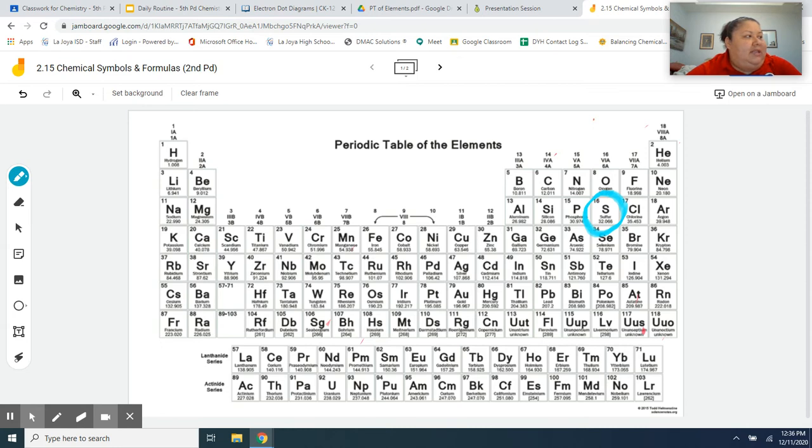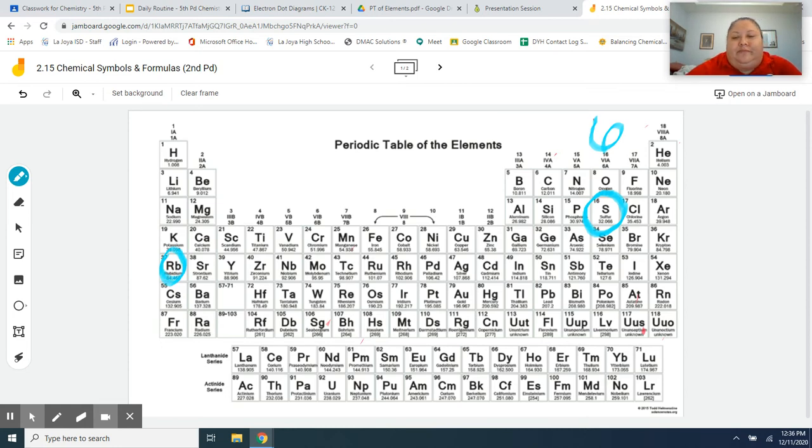How many valence electrons for S for sulfur? Not 16. Remember, take off the 1. 6. Very good.